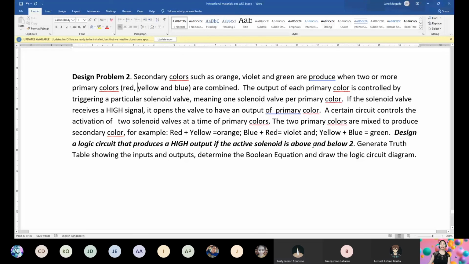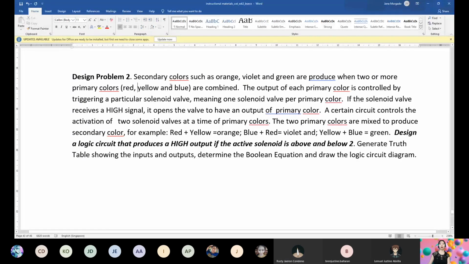So, if the active solenoid is above 2, meaning all the 3 solenoid valves are open, the circuit should be able to have a high output. Ayan. Kasi high. To trigger an alarm. Okay? If below 2, what is below 2? 1 or 0.